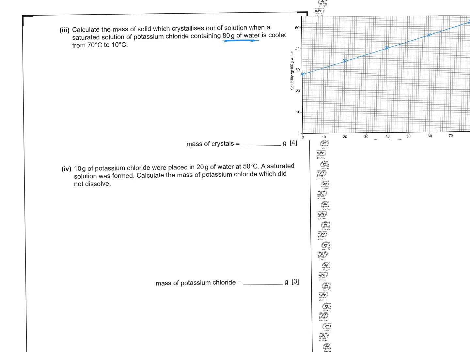So from my graph, I can see that at 70 degrees C, the solubility is 49 grams per 100 grams of water. And at 10 degrees C, again, I just go to 10, go up and read it there, and I see that that is 31.